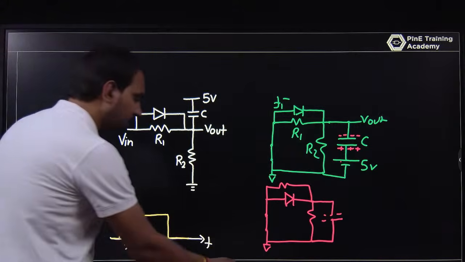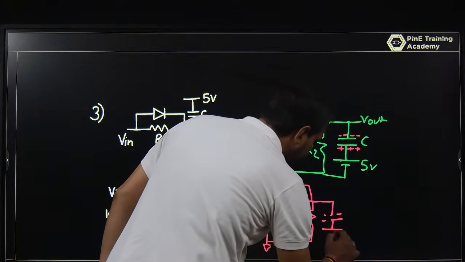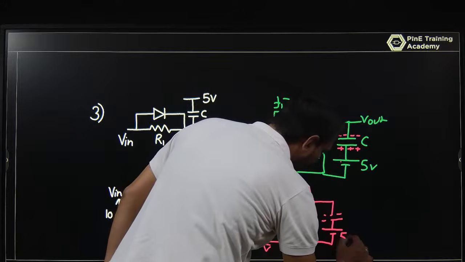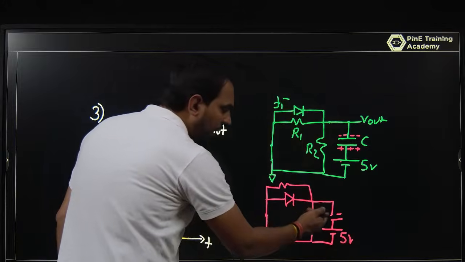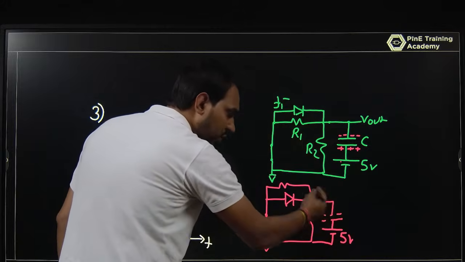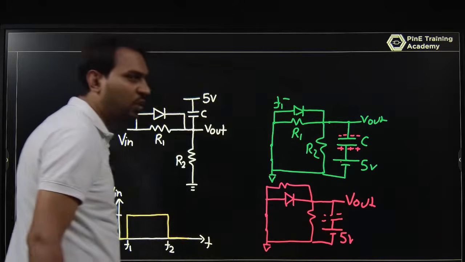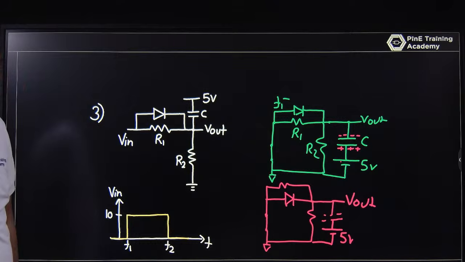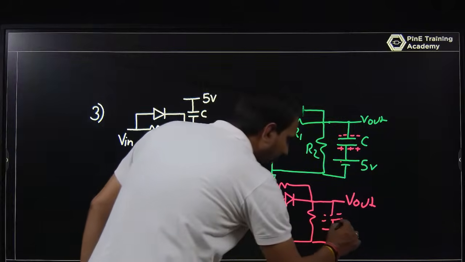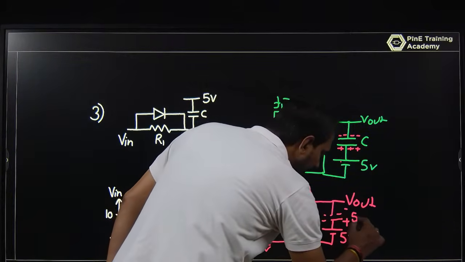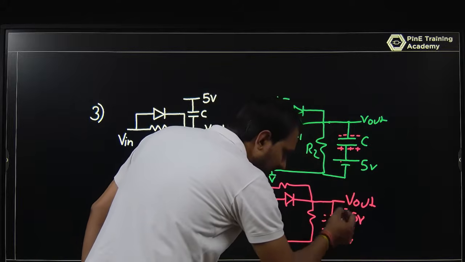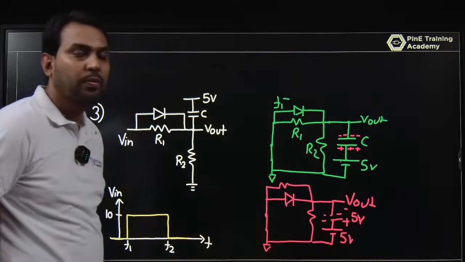Sorry, this is 5 volt here. So this is open, so there is no current. There is no external supply. So Vout is 0. Why is Vout 0? This is plus minus 5 volt, this is minus, this is plus, so Vout is 0.